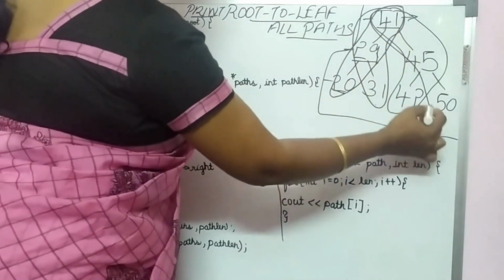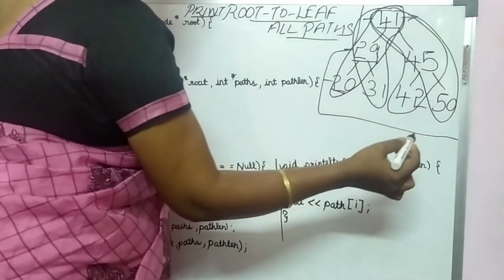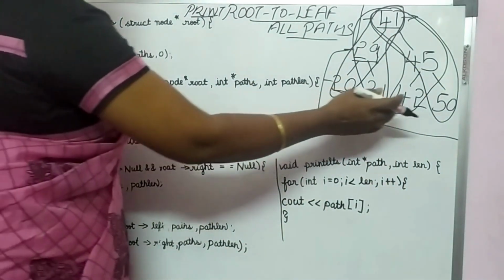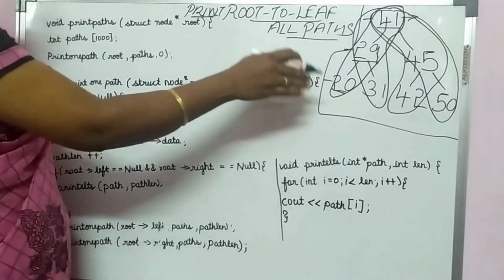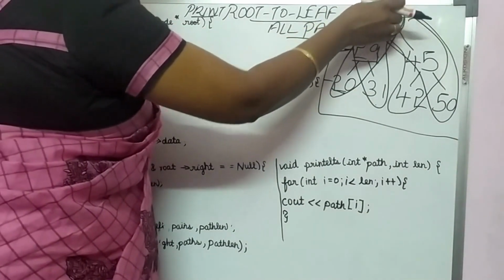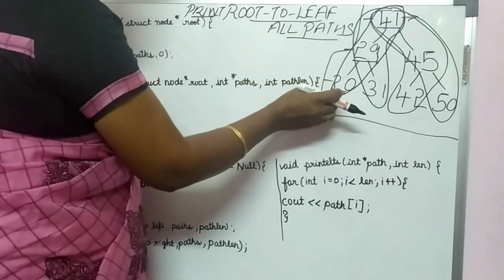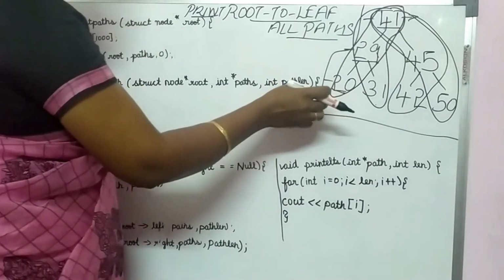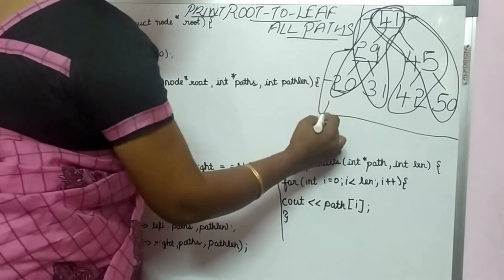Similarly, with the last path, there exist the values 41, 45 and 50. These we call the different paths that exist in this particular tree. A path is nothing but starting from the root until it reaches the leaf node, we print all the values. So with this tree there exist 4 paths.